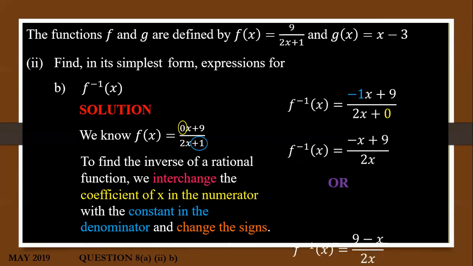Or you can rewrite it as the inverse function f⁻¹(x) is 9 - x all divided by 2x. Did you get any of these answers? Excellent.